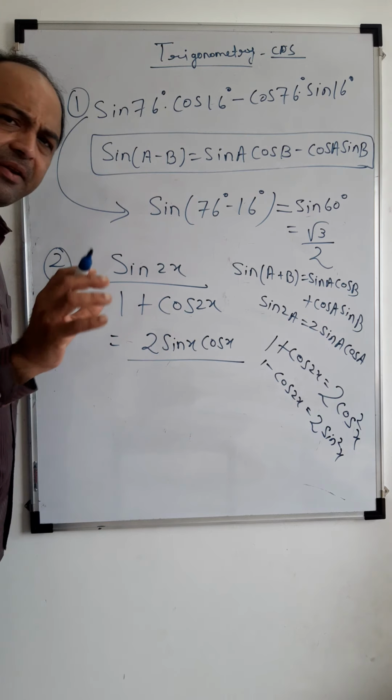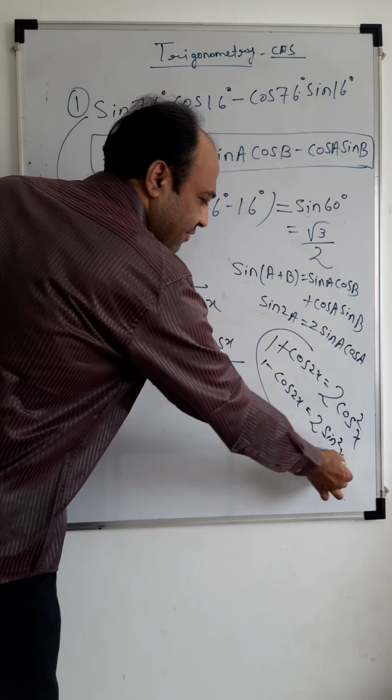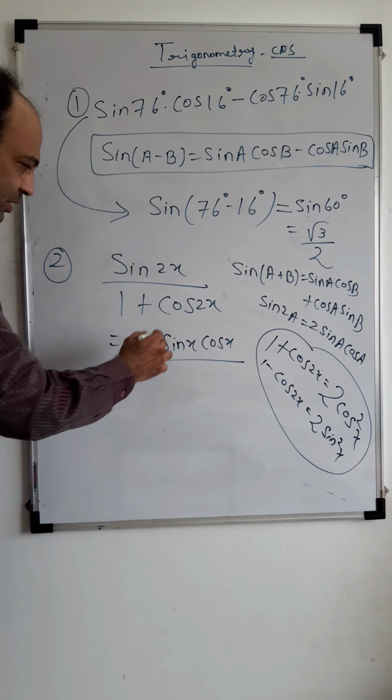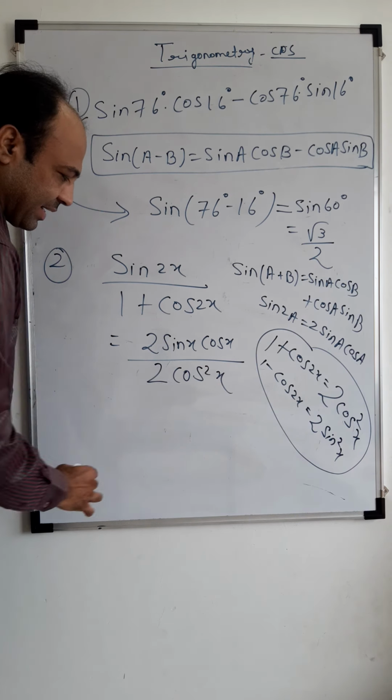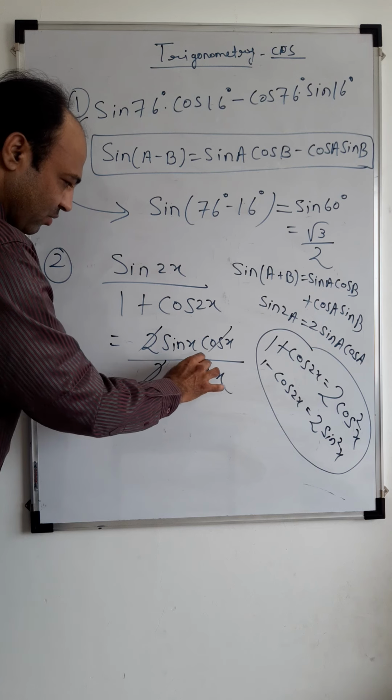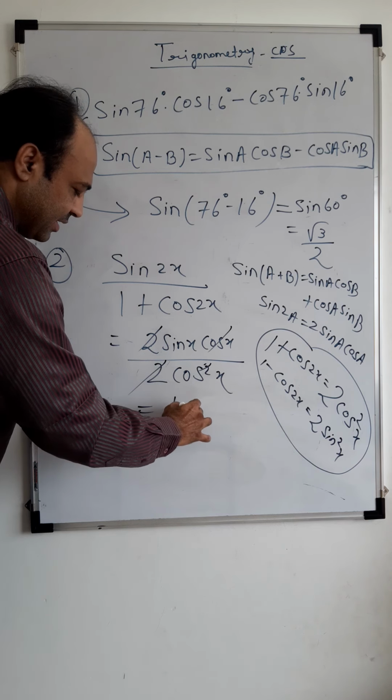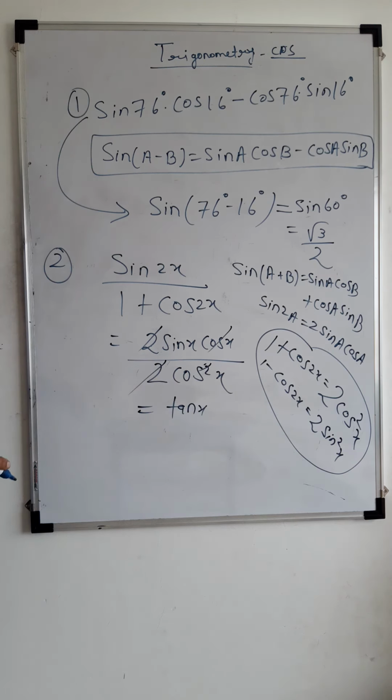These two results are very important. So in place of 1 plus cos 2x, I will write 2 cos square x. The 2 gets cancelled, and one cos with cos, so we are left with sin by cos, which is tan x. So this expression, sin 2x upon 1 plus cos 2x, is nothing but tan x. Correct?